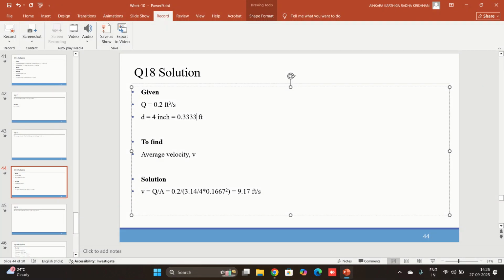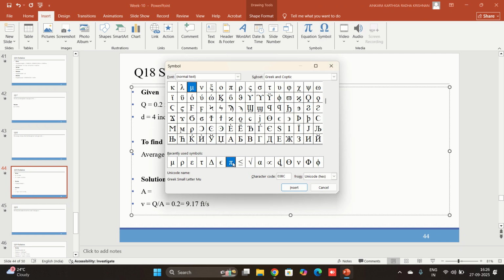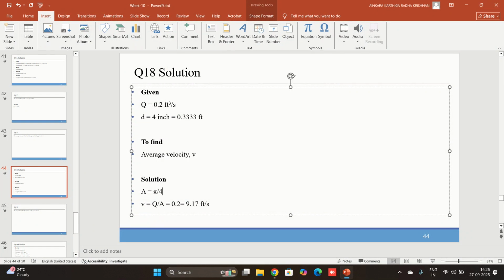We can actually calculate A separately, I guess, because it went wrong now. A is equal to pi by 4 into d square.